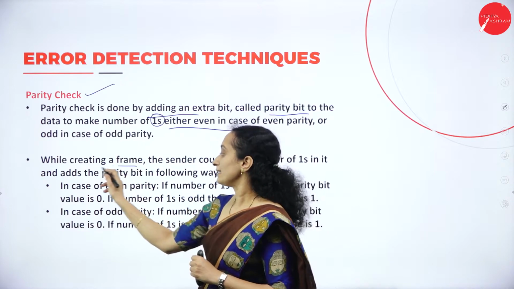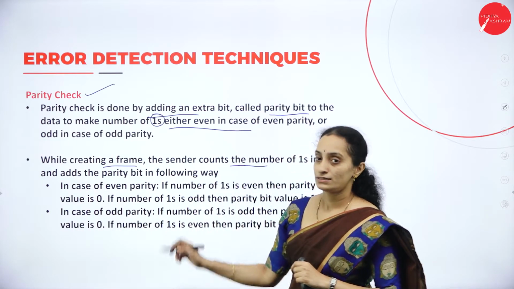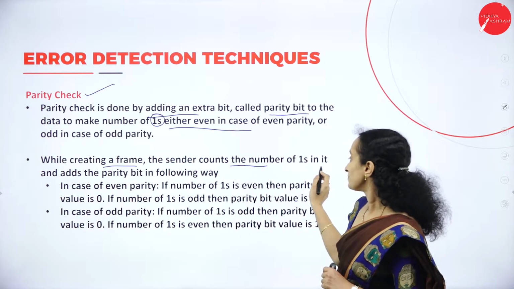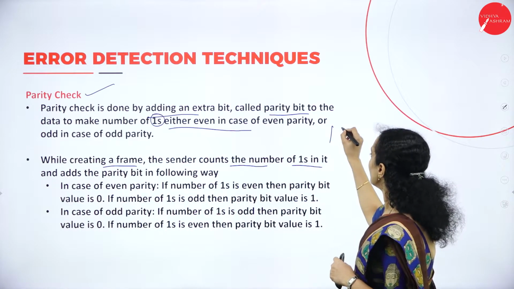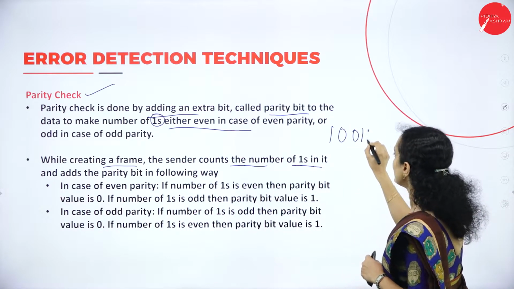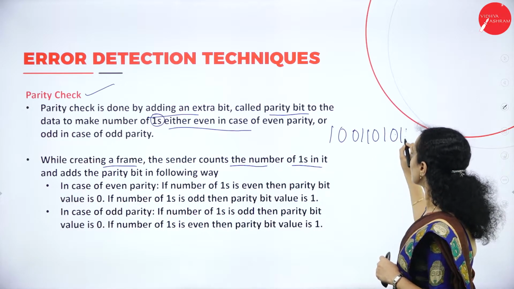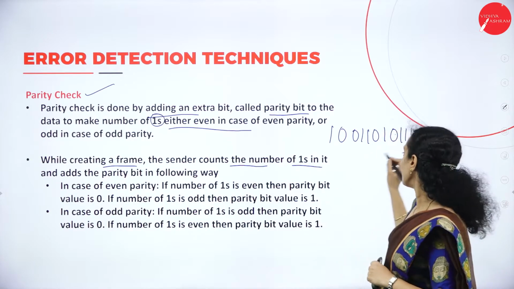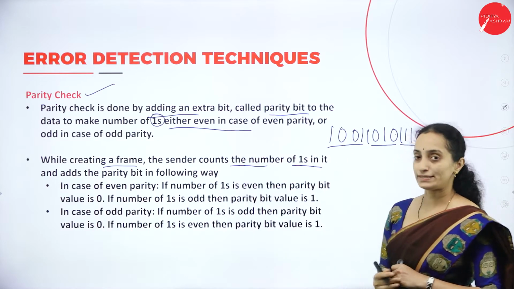While creating a frame, the sender counts the number of ones in the frame. Suppose this is the message to be passed. I may make it packets of 4 bits.